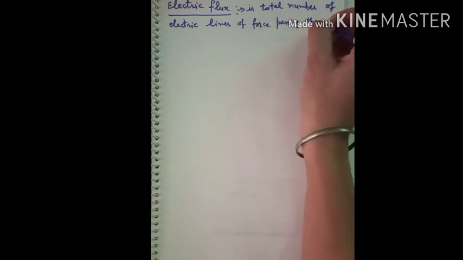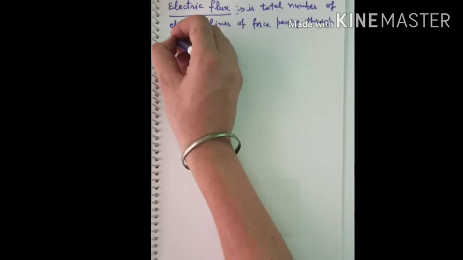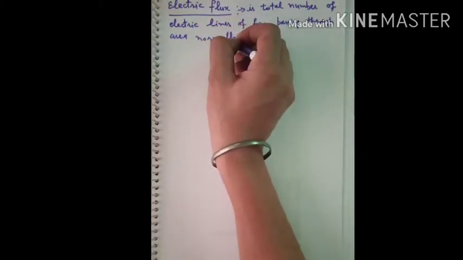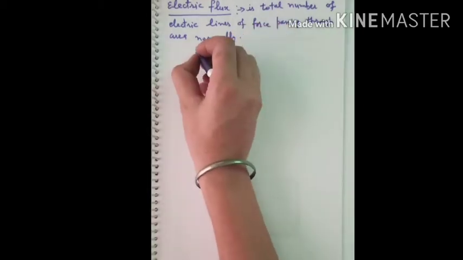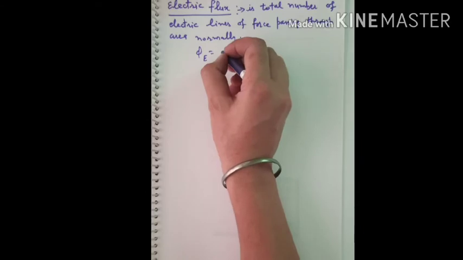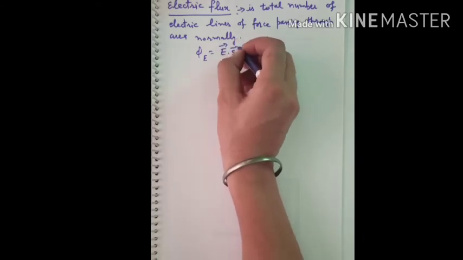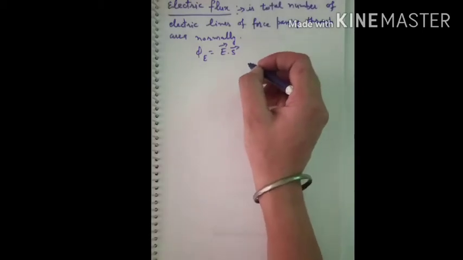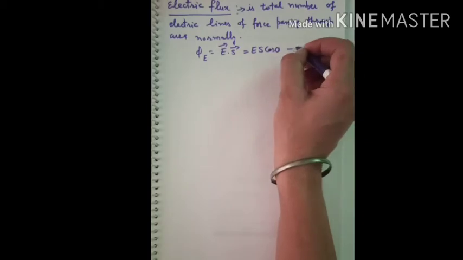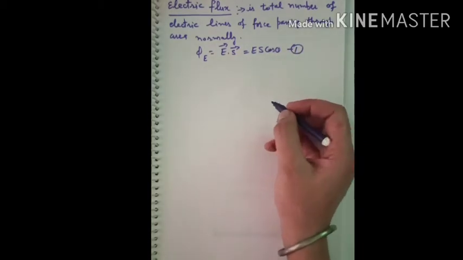It is denoted by phi E. Phi is the electric flux, E for electric. Phi E is equal to E dot S, the dot product of electric field and surface area. It is equal to E S cos theta. Say that this is equation number 1.